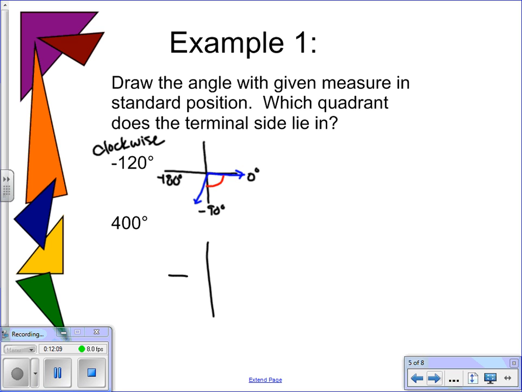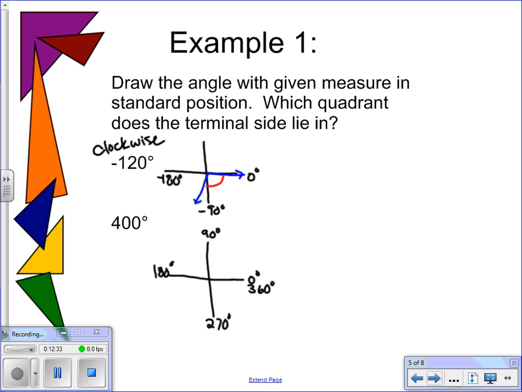It should go counterclockwise, so it'd start at 0. This would be 90, and then 180. And remember, I use my multiples of 9. 9, 18, 27, so this is 270, and I'm at 360. And we're right back to where we started.